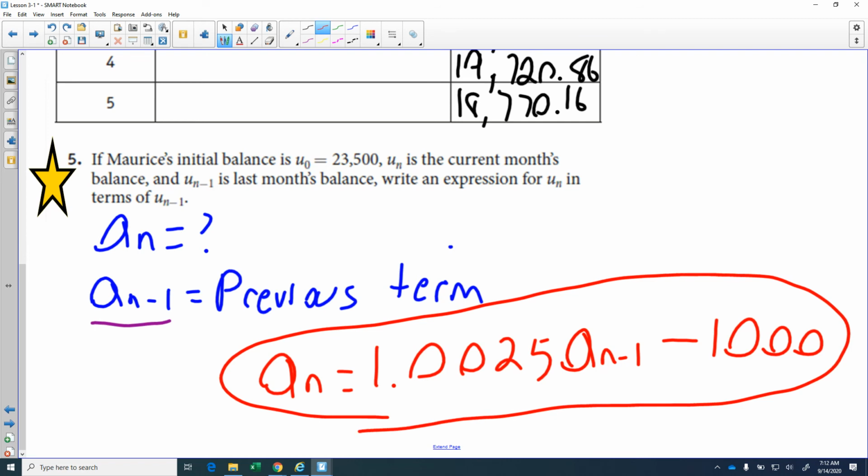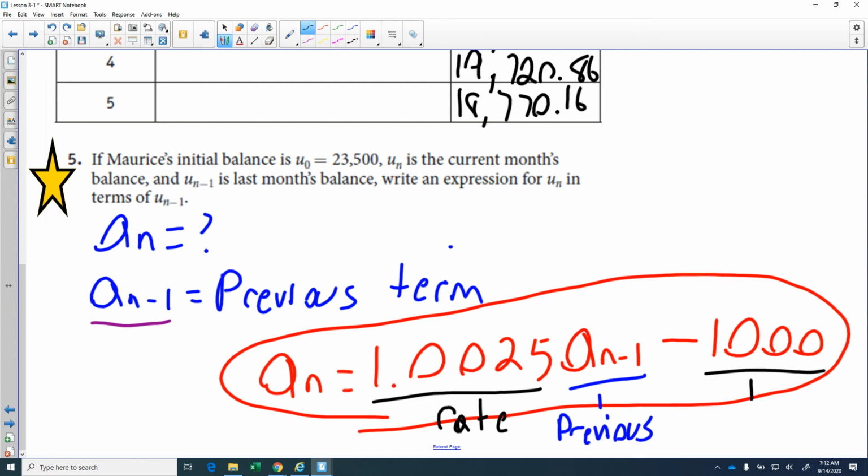Now, the key thing to understand when I built this recursive statement is how am I actually using it? We have our interest rate sitting right here, so this is our rate. We have the previous balance here. And then last but not least, we have the minus 1,000, which is our cost each month, right?